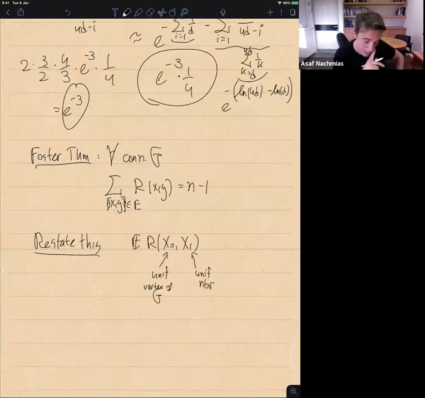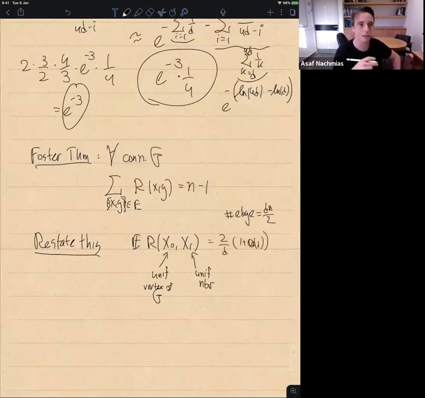The total number of edges in a regular graph is dn over 2. So I just take this sum, divide it by this, and I get approximately 2 over d plus 1. This is what the statement says.